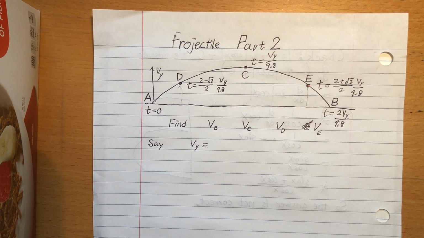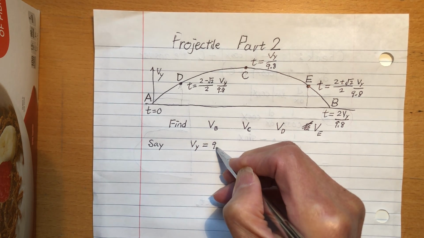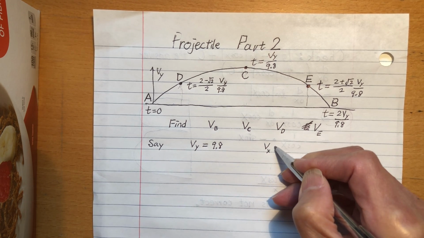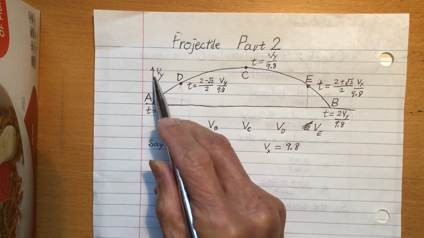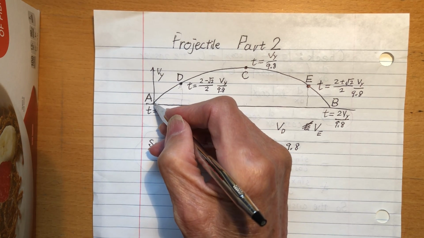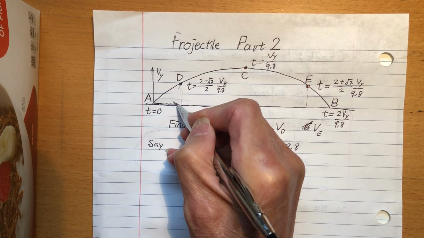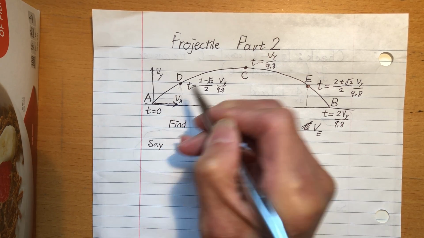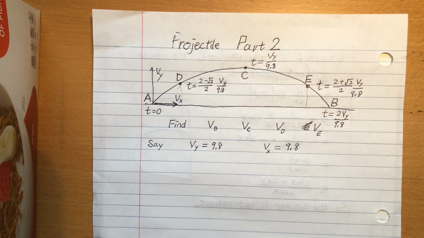Say Vy is 9.8, and also let's say Vx is also 9.8. Vy is my y component at point A, and this is my Vx. Both Vy and Vx are 9.8.